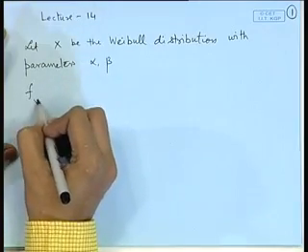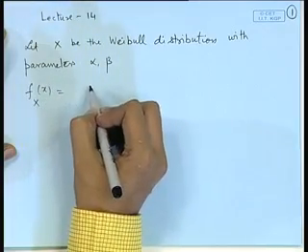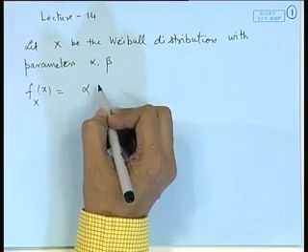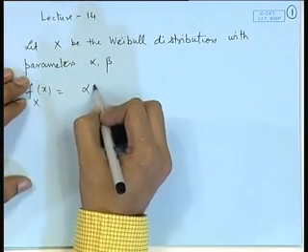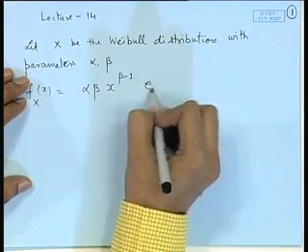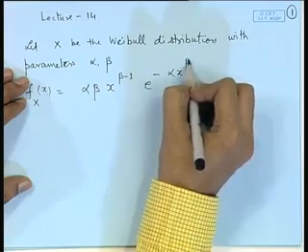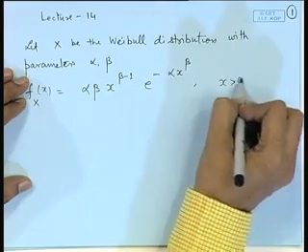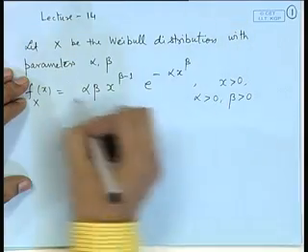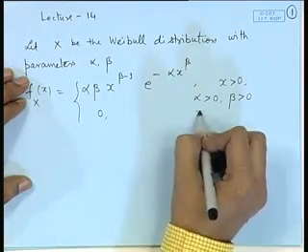So, we have the density function as alpha beta x to the power beta minus 1 e to the power minus alpha x to the power beta, where x is positive and alpha and beta are positive parameters. The density is 0 for x less than or equal to 0.